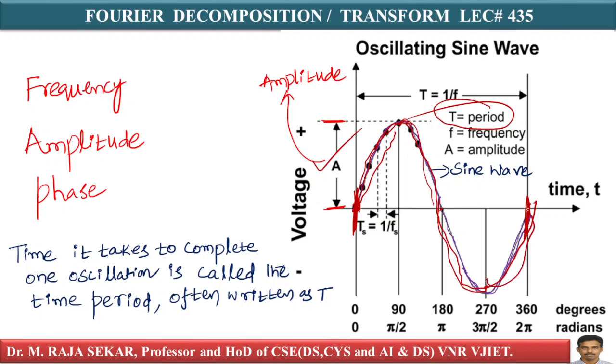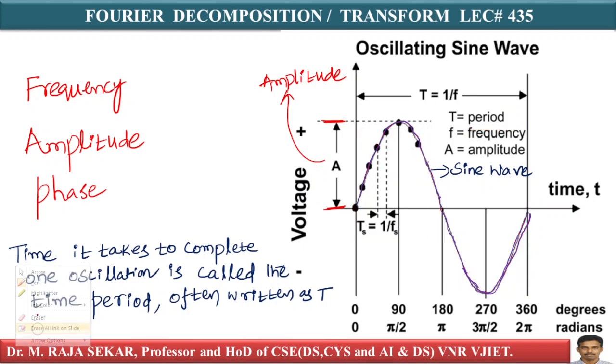This particular portion is known as a cycle, or one oscillation, because your sine wave repeats itself. So the time it takes to complete one oscillation is called the time period.